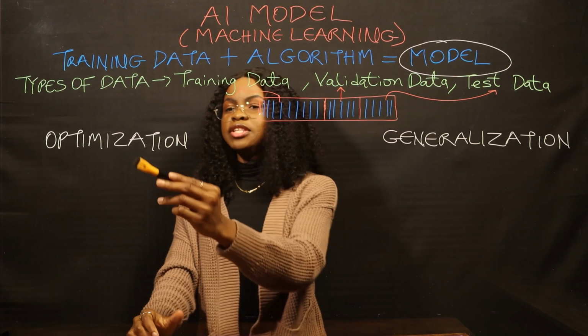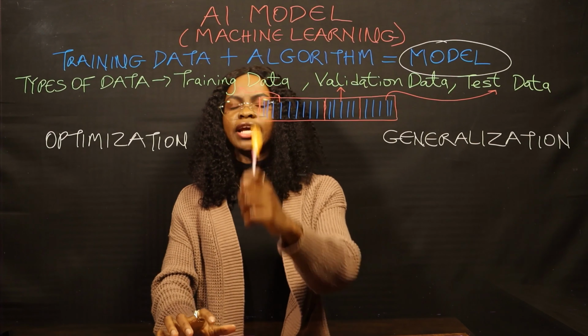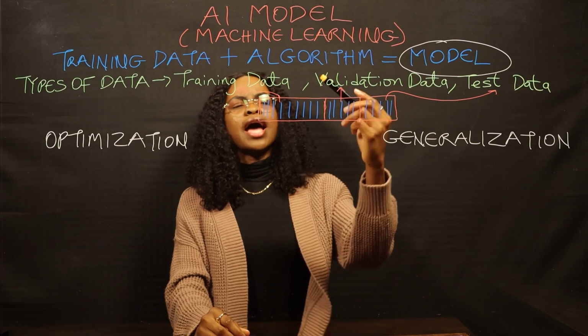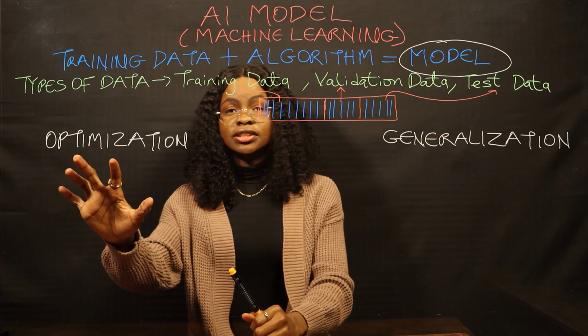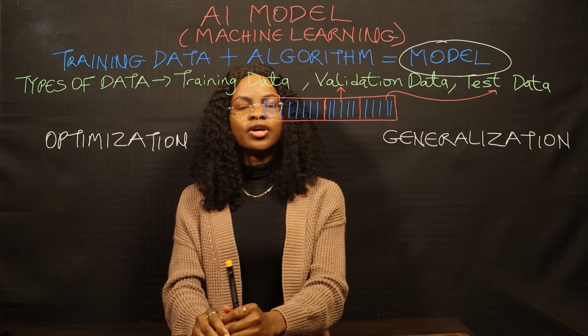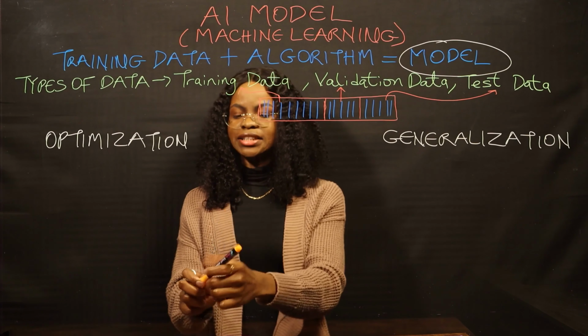Let me tie this in. I'm going to tie the concept of optimization to training data. We train our model first on the training data. Optimization's goal is to ensure that our model performs well on the training data.